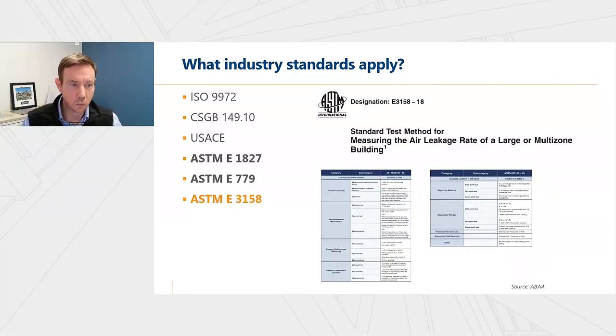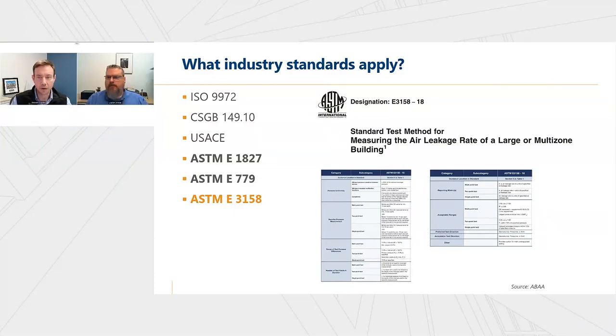What the test standards allow for overall is repeatability, accuracy, and robustness of test results. Whole building air leakage testing is a high stakes test, and we want to make sure that we're getting it right. These tests allow that if someone tests and then somebody else comes in and tests, the goal is a small margin of error, and that's what these testing requirements are for.